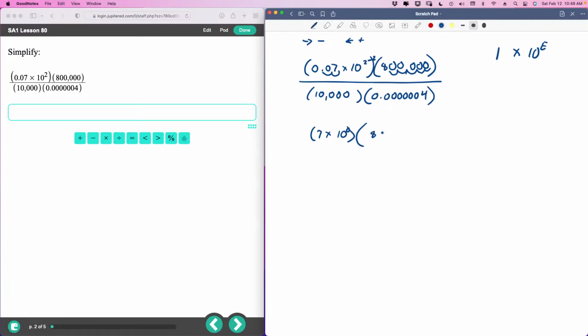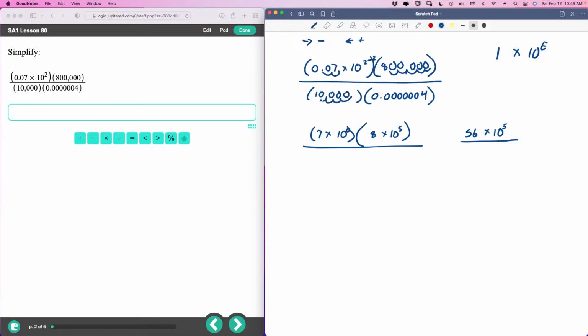So it's going to be 8 times 10 to the 5. 7 times 8 is 56. 56 times 10. 0 plus 5 is 5. That's the top. Now we do the bottom.